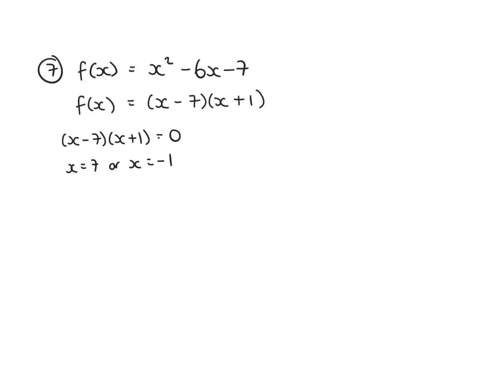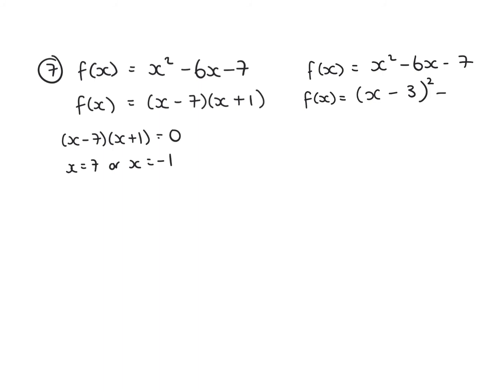To find the minimum point or the maximum point, the easiest way to do that is by completing the square. So that's it factorised. If I were to do completing the square with this, I'll just write it above so I can keep track of what I'm doing. In completed square form, half of 6 is 3. If I multiply that out, I get 9.